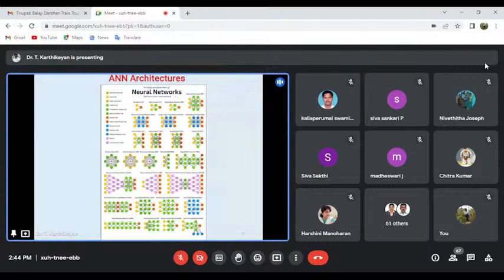When you use the neural network for your machine learning application, you will have to use one of the existing architectures. Designing our own architecture is also possible, but it takes a lot of time and a lot of work. Most of the applications can be handled by using the existing neural network algorithms.